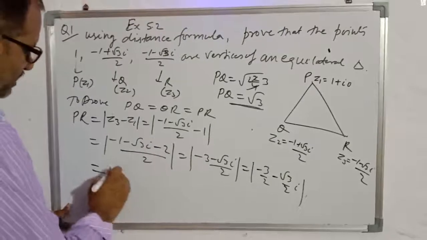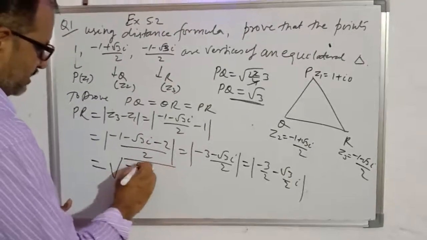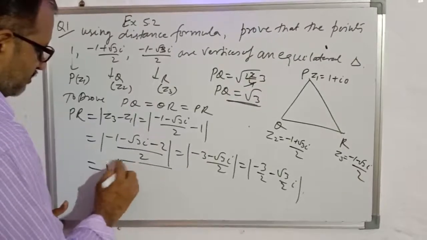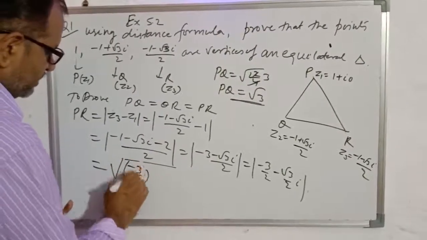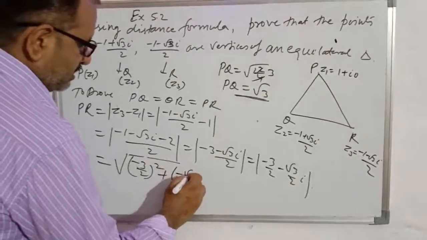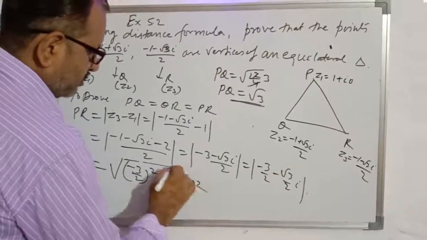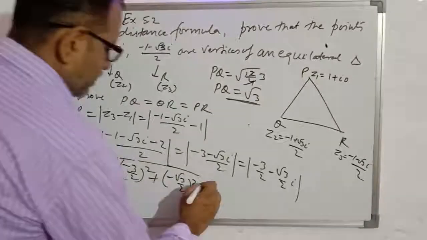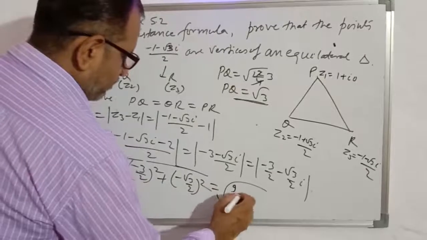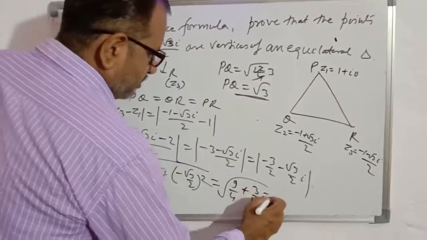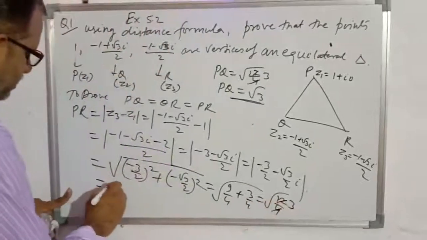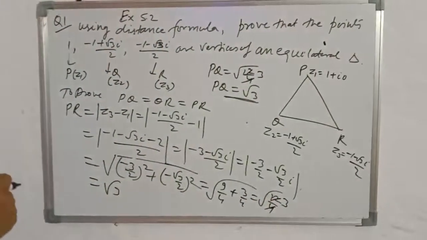When we take modulus, we write (minus 3 by 2) square plus (minus root 3 by 2) whole square. (Minus 3 by 2) square is 9 by 4, plus 3 by 4, so 12 by 4, 4 3s are 12, again root 3.